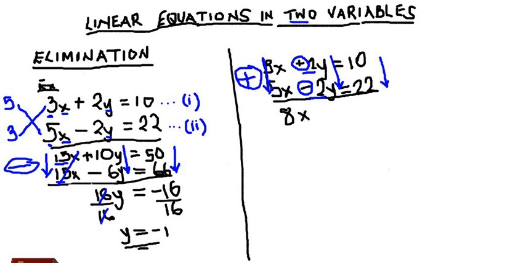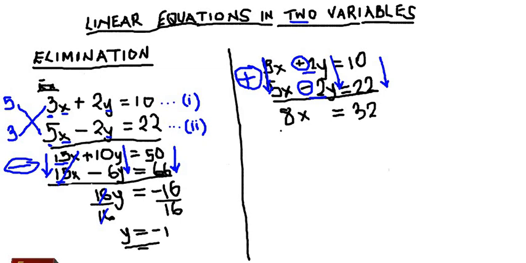When we say positive 2y plus negative 2y, the plus and negative multiply to give us a negative, which means it's the same as 2y minus 2y. So 2y minus 2y will give us 0, which means we have eliminated the variable y. And here we'll have 10 plus 22, that will give us 32.